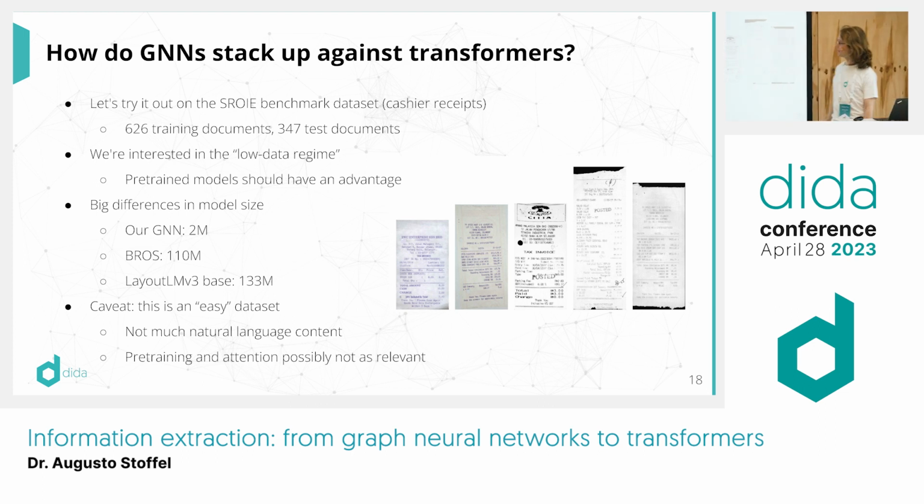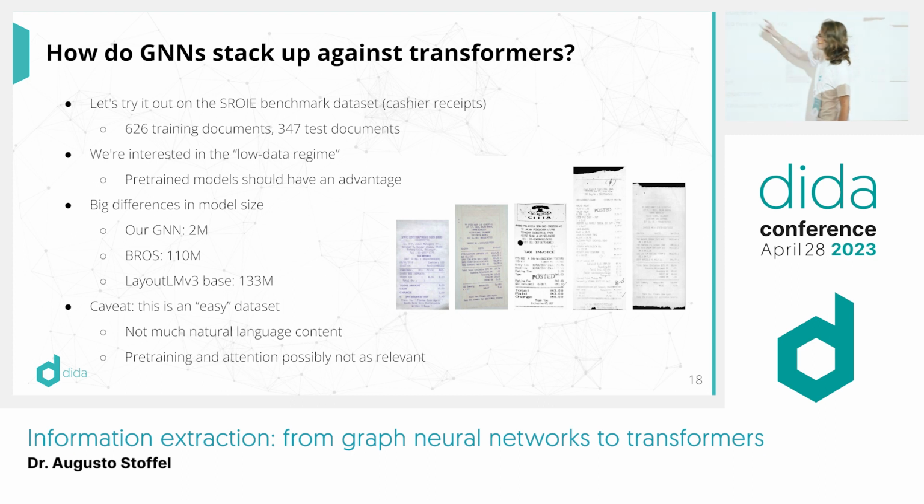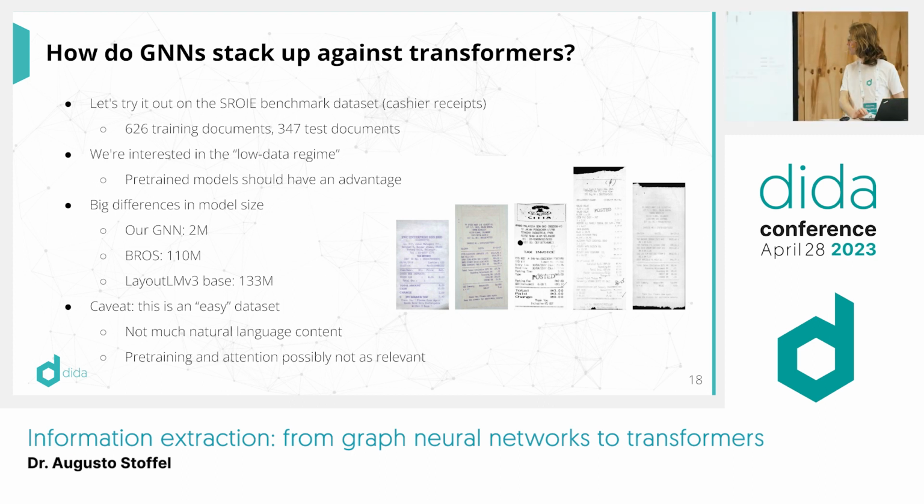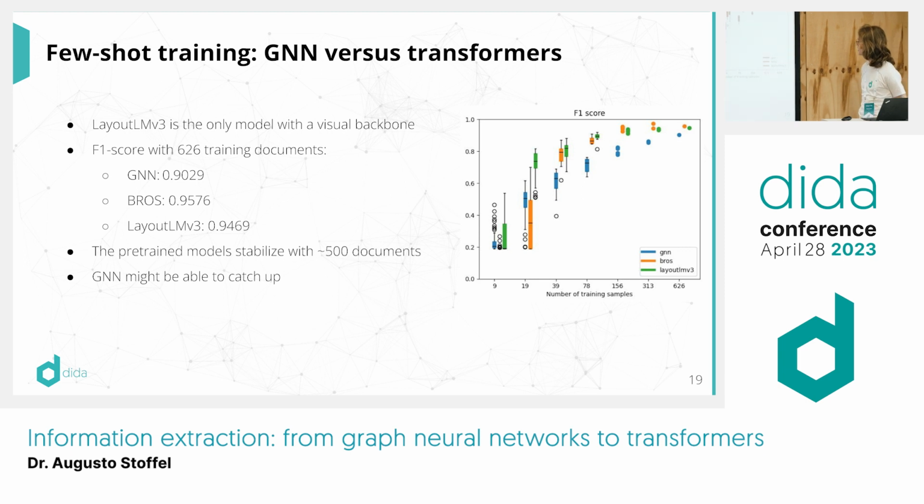Again, I'm really interested in what happens when I don't give myself too much training data. So here's the first experiment. I'm comparing the GNN model and the transformer-based BROS, without a visual backbone, and LayoutLM, which is transformer-based with a visual backbone.